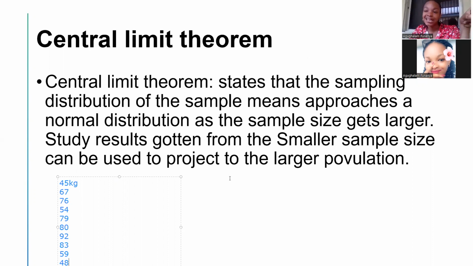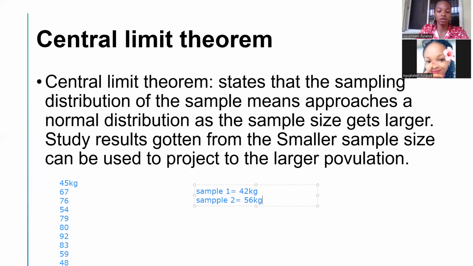Now, the mean of the sample means, let's say you sample the first time, sample 1, you get a mean of, let's just say 42 kg. You sample the second time, you get a mean of, let's say 56 kg.